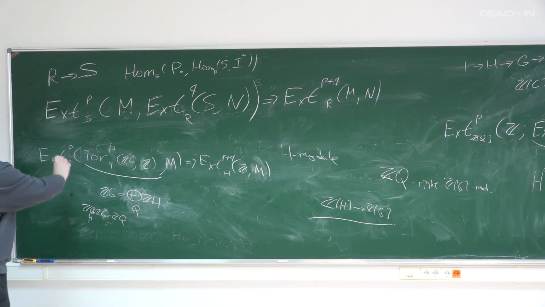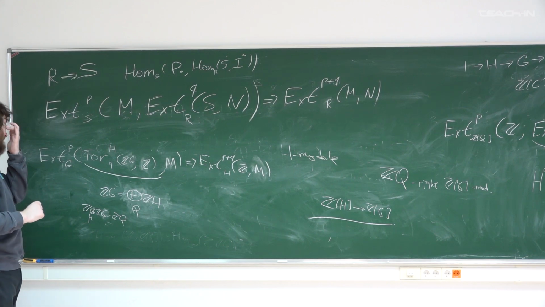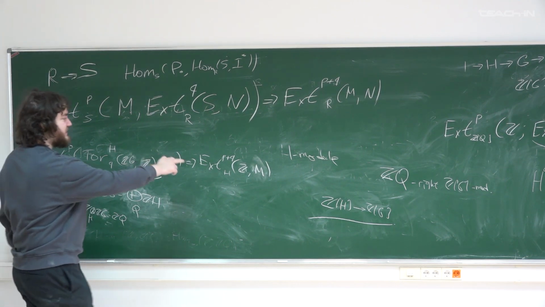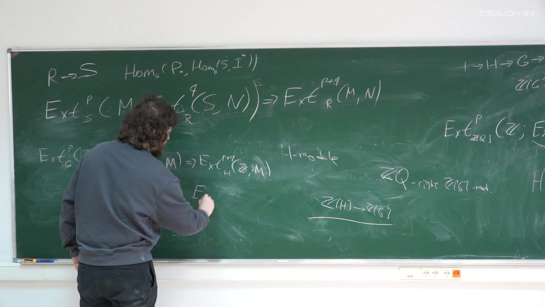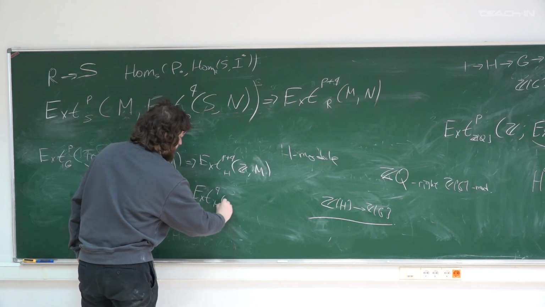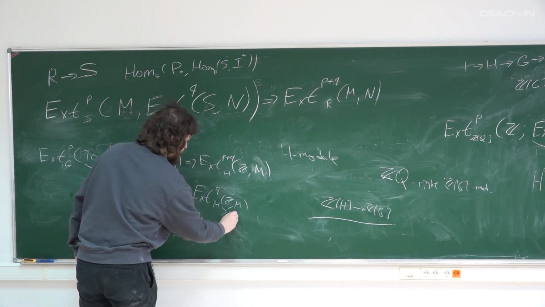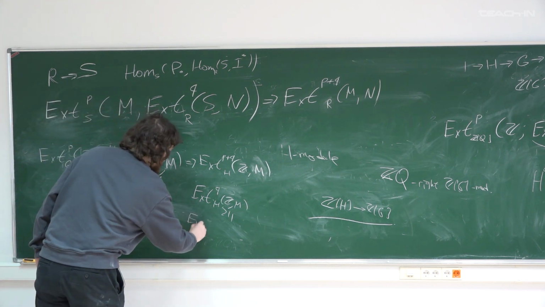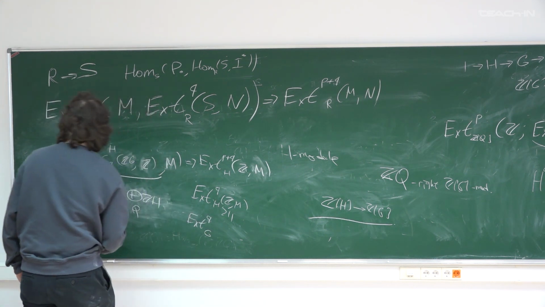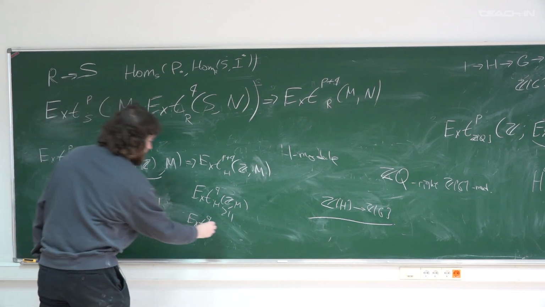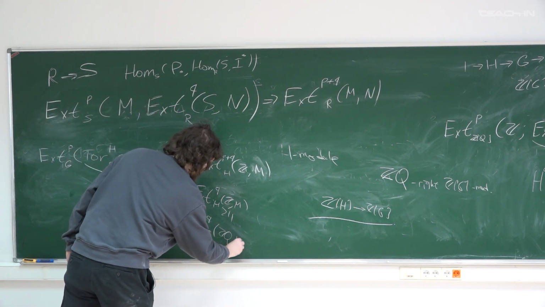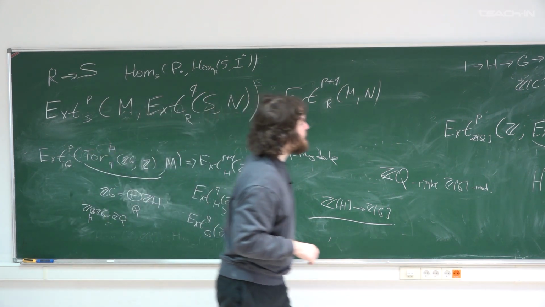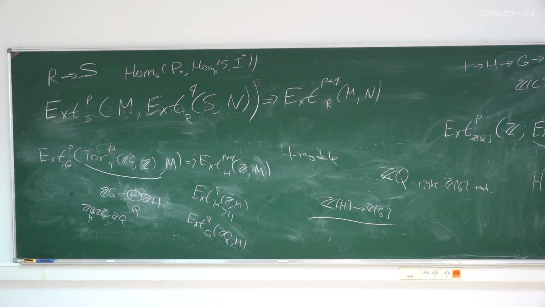So we obtain that we have only one row in the spectral sequence, and so this thing is in fact isomorphic to Ext over G from ZQ to M. Okay, so we have this isomorphism.